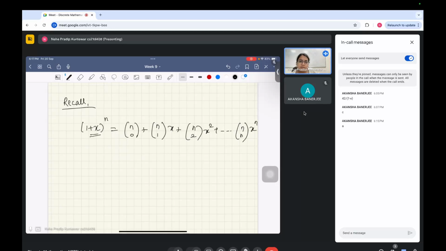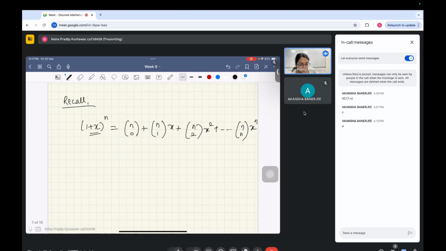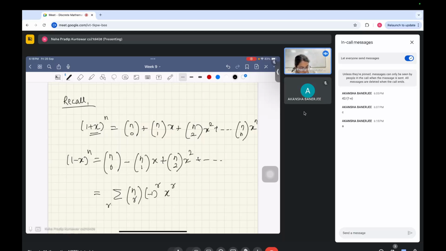Now you replace x with minus x. So you alternately get minus terms, because the even powers cancel off the negatives, and the odd powers of x retain the negative sign. So 1 minus x whole to the n is the same as n choose 0 minus n choose 1 times x plus n choose 2 times x square, and so on, right? And this will be n choose r times minus 1 to the r x to the r, where r is from 0 to n.